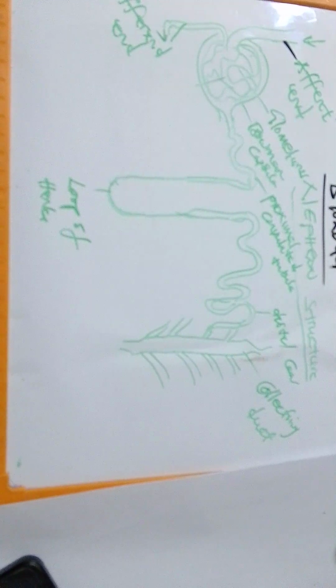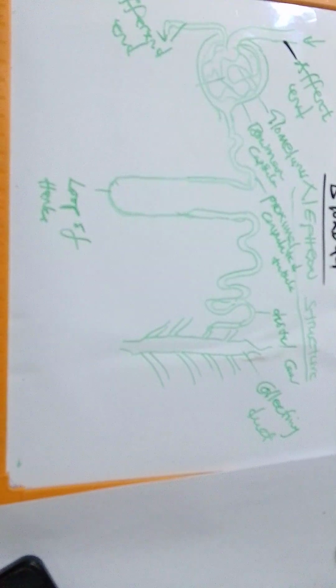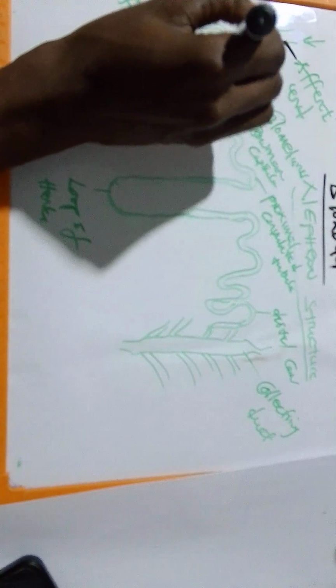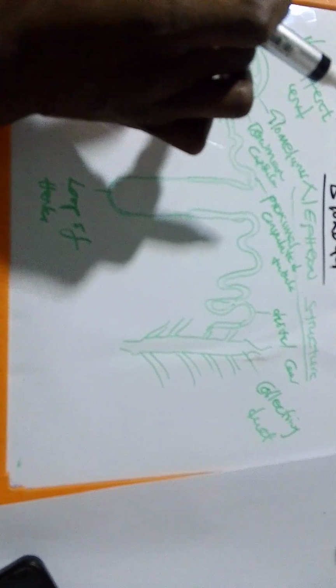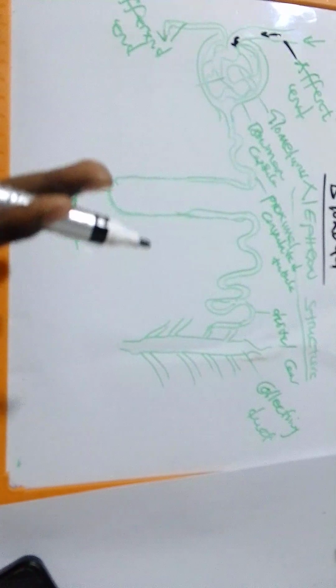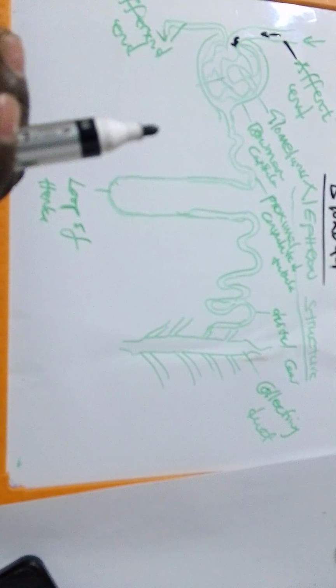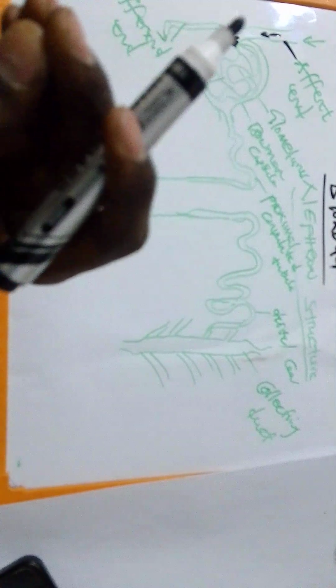When the blood comes from the renal artery, it enters the afferent end and comes here. This blood vessel, which is wider, subdivides inside the Bowman's capsule and reduces to smaller blood vessels.